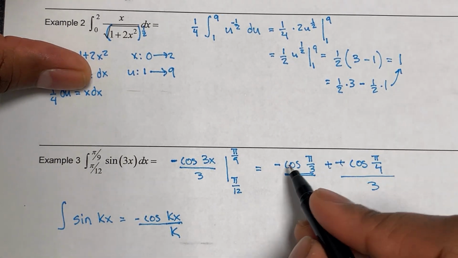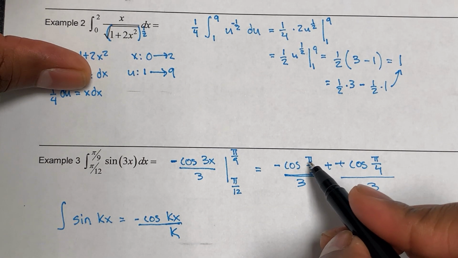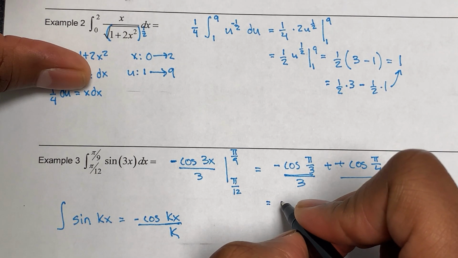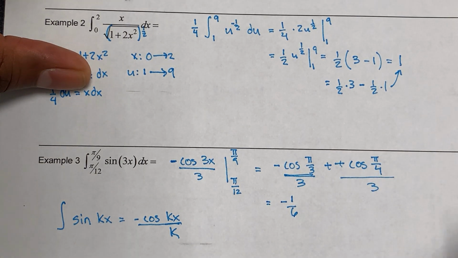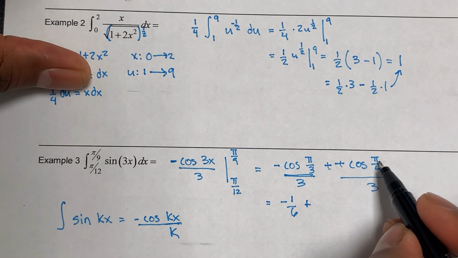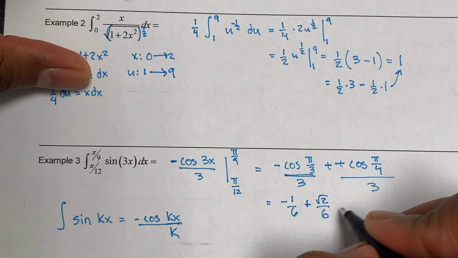So that's really just plus. The cosine of pi over 3 is 1/2, so negative 1/2 divided by 3 is negative 1/6, plus the cosine of pi over 4, which is the square root of 2 over 2, divided by 3, is the square root of 2 over 6.